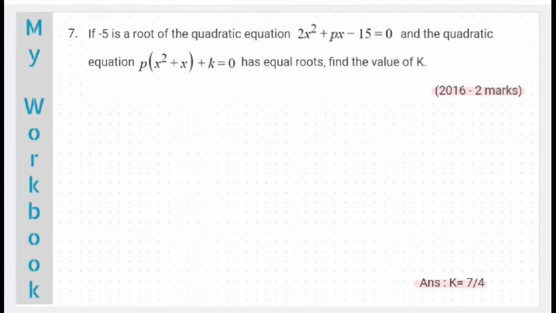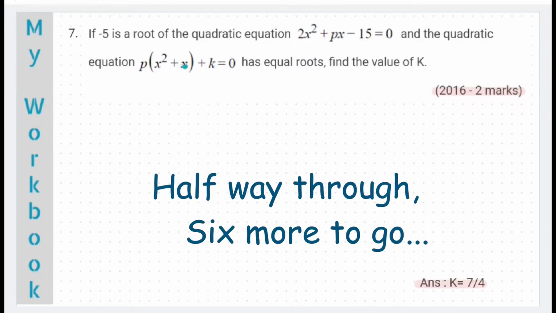Next, 7th question. If minus 5 is a root of the quadratic equation 2x square plus px minus 15 is equal to 0, and the quadratic equation px square plus x plus k has equal roots, find the value of k.